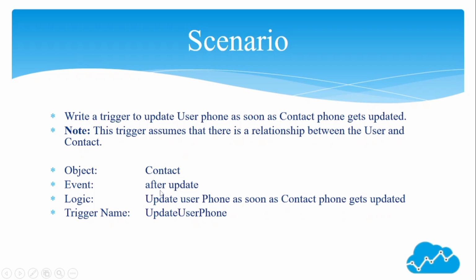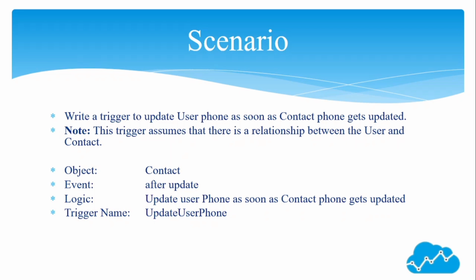It will be after. Why after? Whenever the contact phone is updated and stored in the database, then the user phone is going to be modified. So the event will be after update.